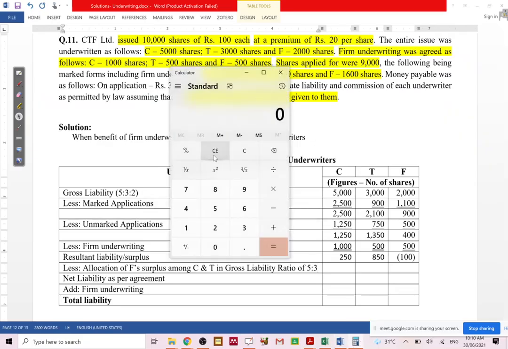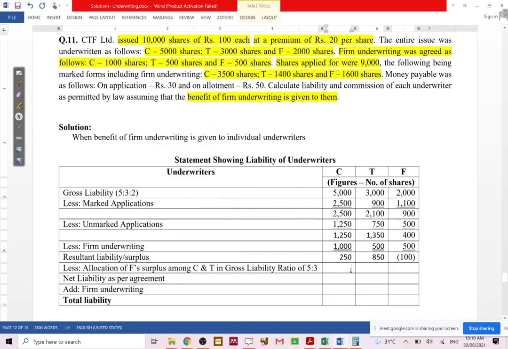Let's see. 100 multiplied by 5 divided by 5 plus 3, 8, you get 62.5. We will round it up and give 63 shares to C. Is that fine? Since less is already written here, actually you don't need to give the brackets.